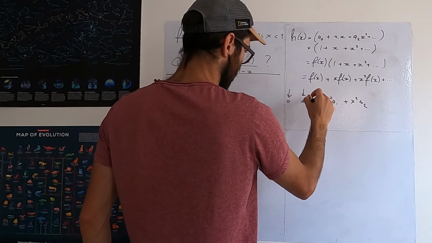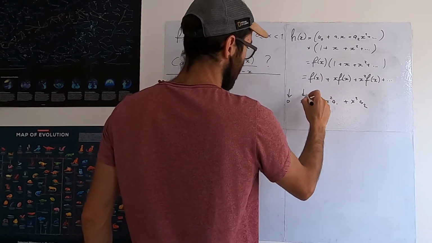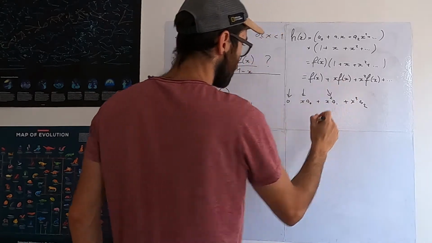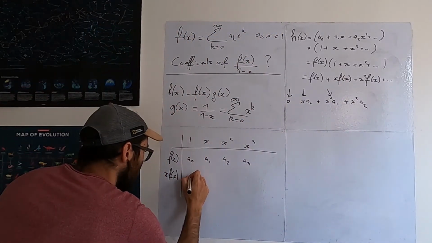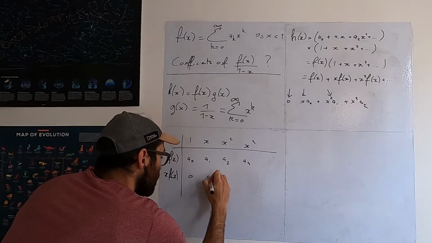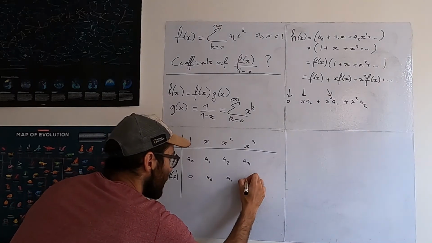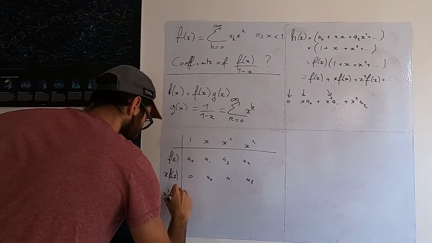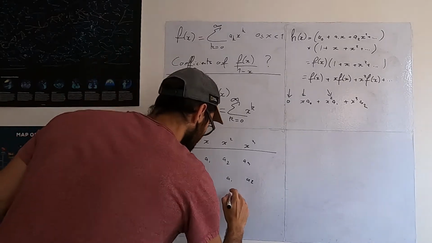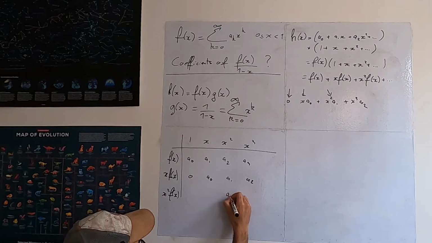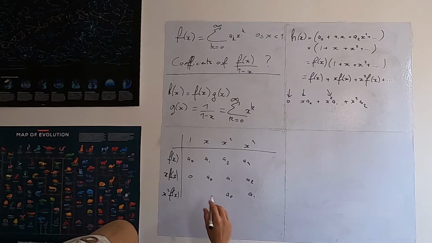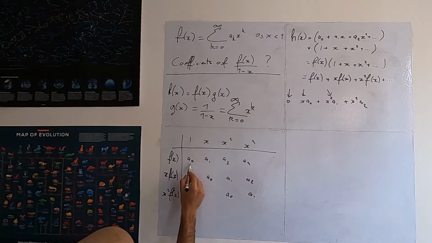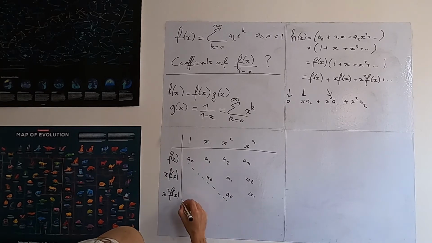The coefficient in front of x is a_0. The coefficient in front of x^2 is a_1. So here we have 0, a_0, a_1, a_2, and then x^2 f(x). You basically do the same thing. You just shift again, so you get a_0 here, a_1, etc. And you're going to get this kind of triangle.